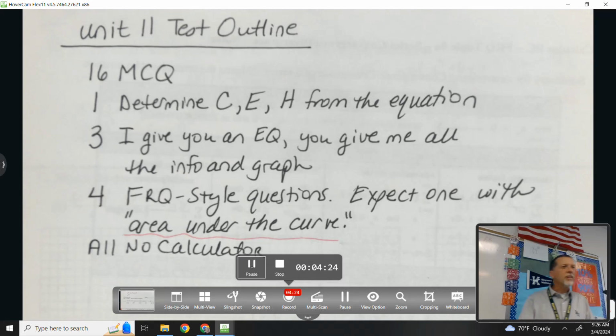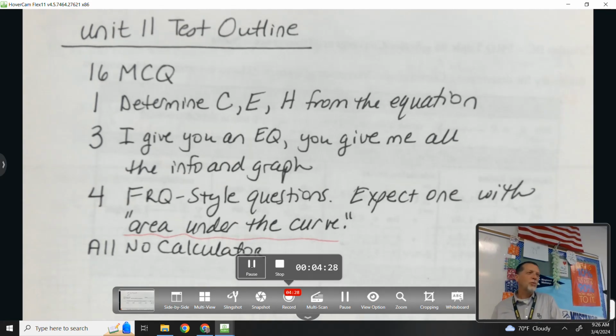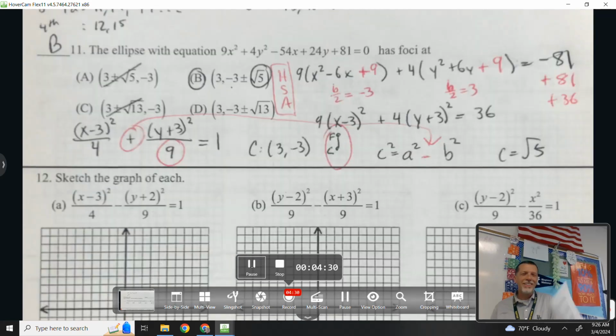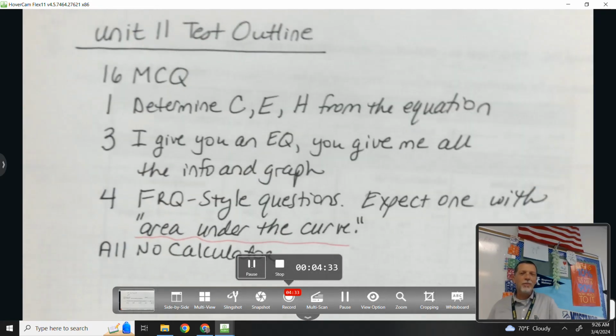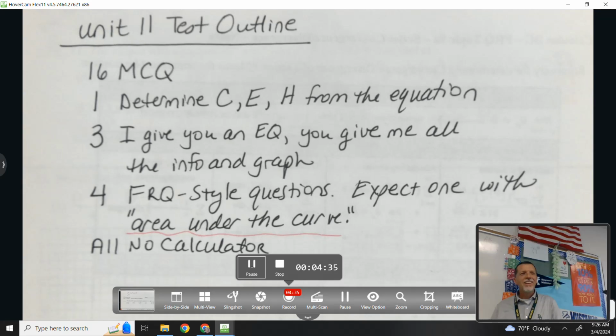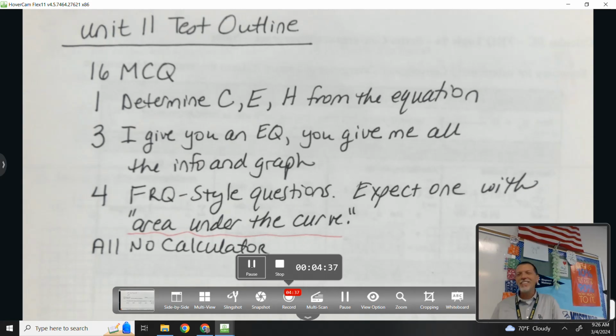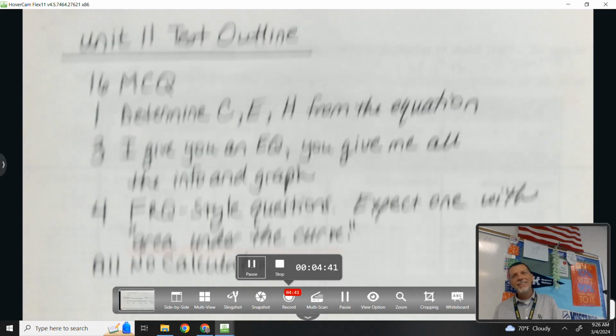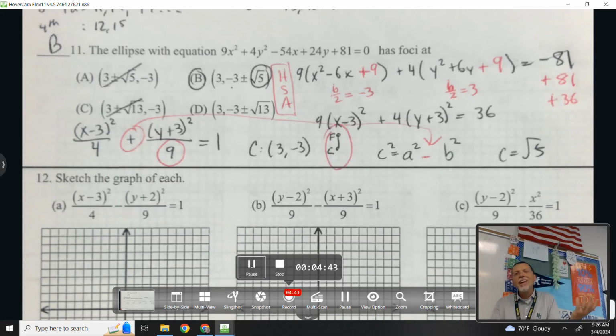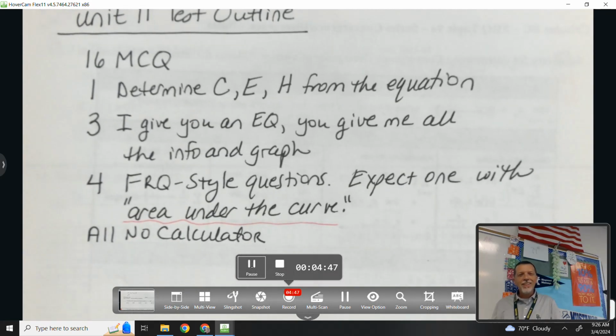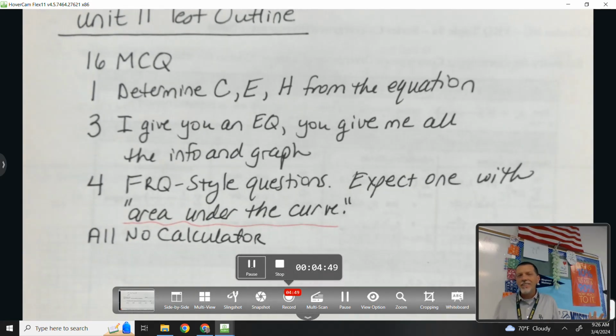Area under the curve. Wow. And you could probably guess what the shapes will be because you've seen a couple. Victoria thinks she knows the shape it's going to be, and I think she's probably right. It may not be in that order, but triangles and semicircles are about the only easy things to find the area under.